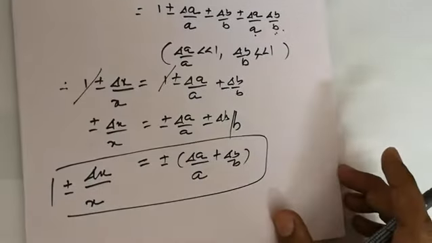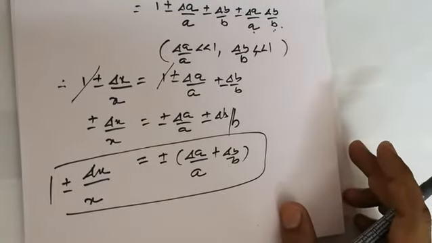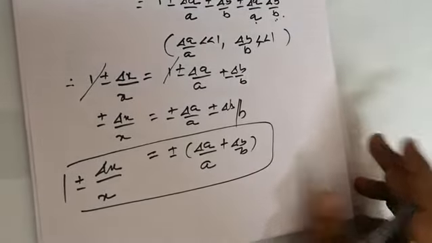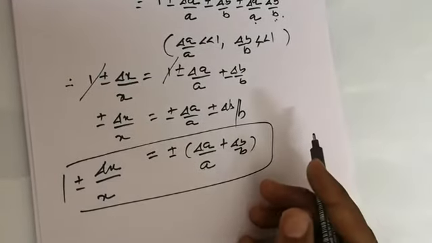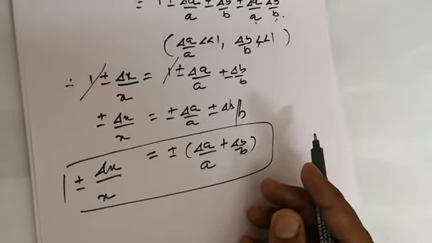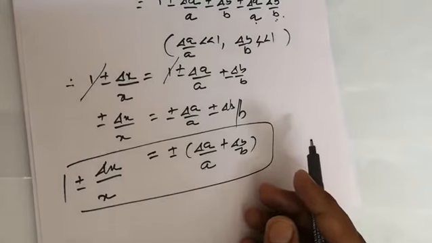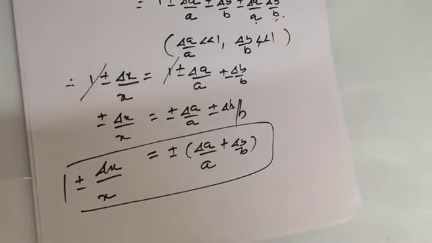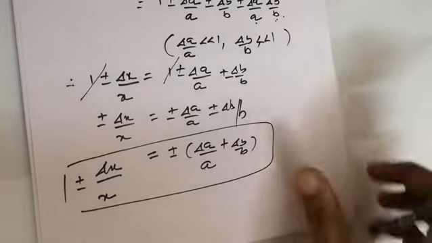There is only some difference between subtraction and addition. In the subtraction and addition part, we don't have a and b in the denominator, while in multiplication and division we have delta a by a and delta b by b in the denominator part. So we are going further and discussing one formula or equation for the area part.